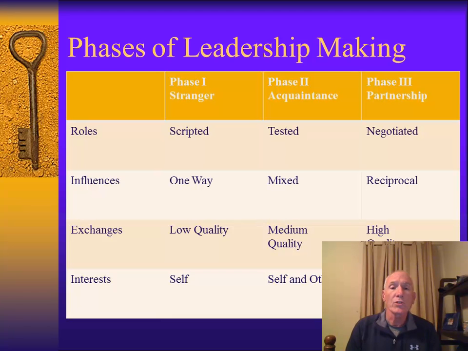If we look at phase one, the stranger relationship, in which neither the leader nor the follower know each other very well, the roles are typically very scripted. Each behaves according to typically organizational rules, regulations, policies, SOPs, things of that nature. The relationship is typically characterized by influence that travels from the leader to the follower, just a one-way influential relationship.